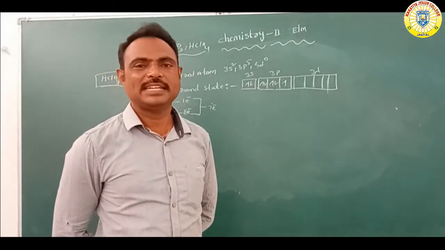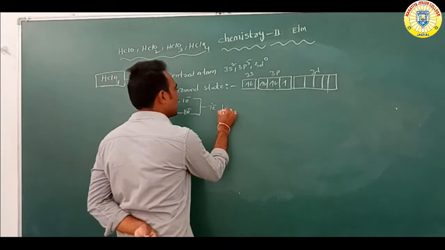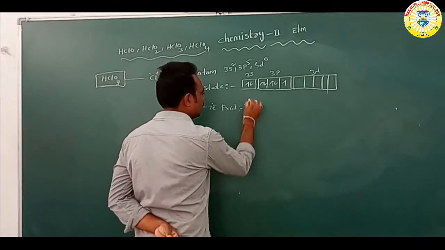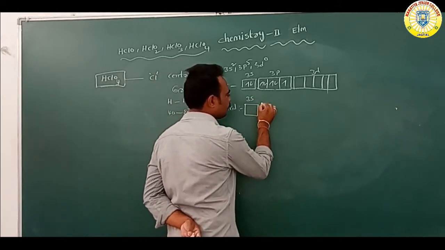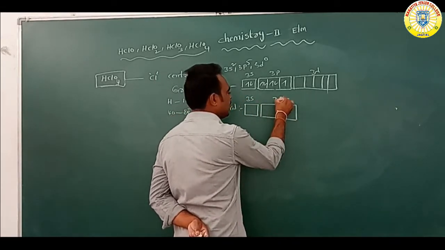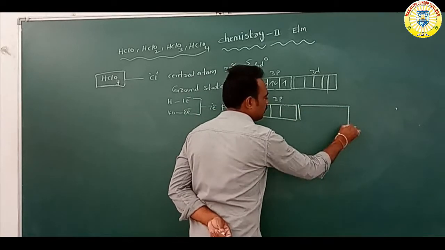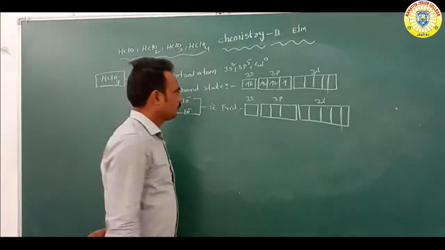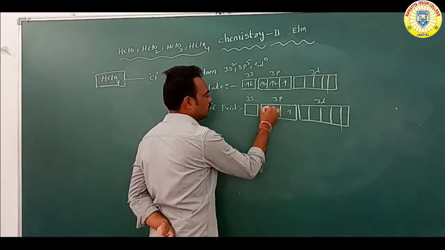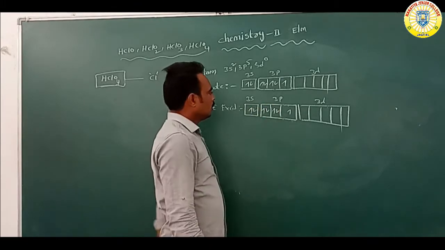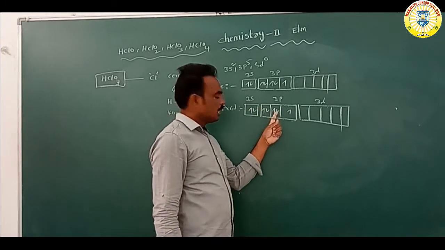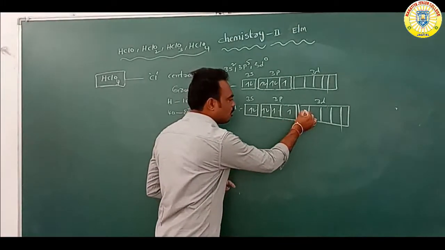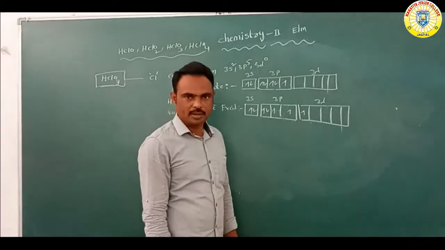So it requires an excited state. We write the excited state: 3s orbital, 3p orbital, next 3d orbital. Overall it is a single electron. In the first excited state, one electron of the 3p orbital is jumped to the 3d orbital.